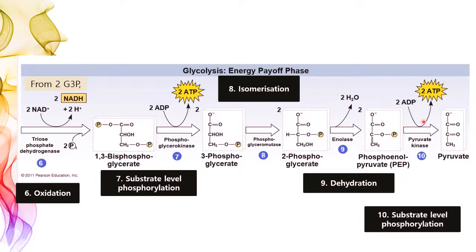Another ADP will come and receive phosphate from the PEP to form ATP. At the end of glycolysis, there will be 2 molecules of pyruvate from 1 molecule of glucose, and this is the energy payoff phase where ATP will be produced.